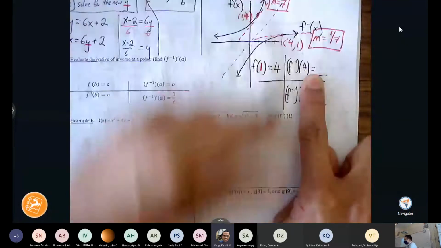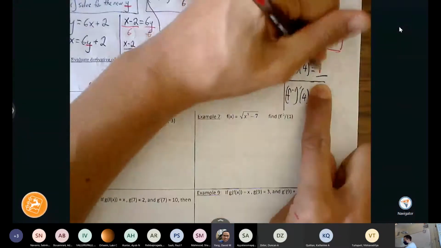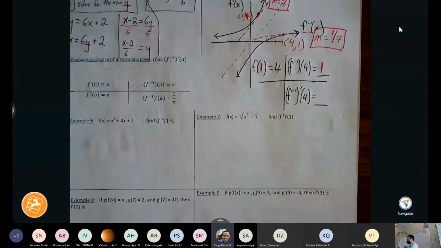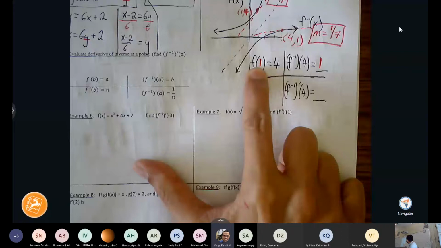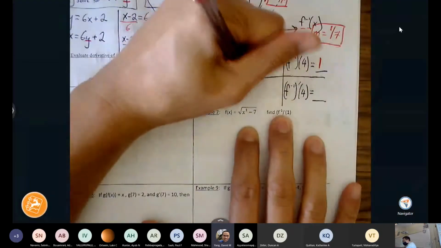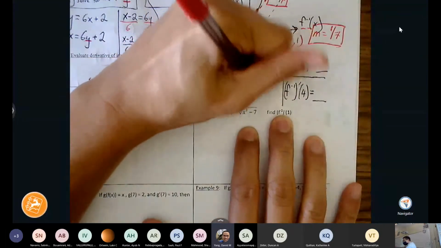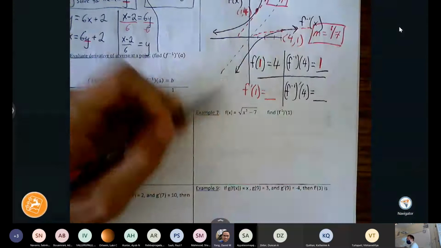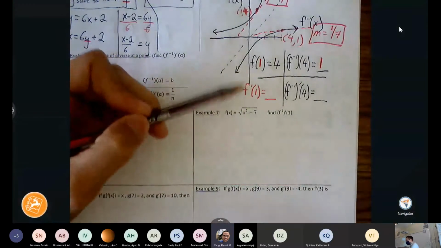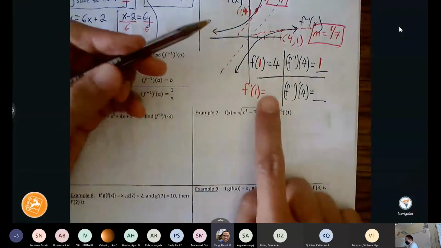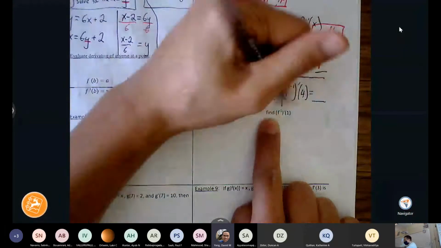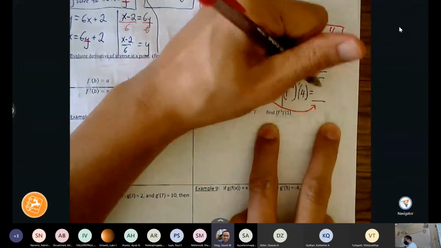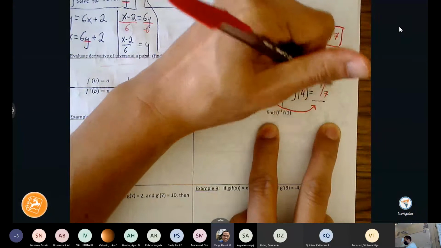I really don't need to fill this out, but I like to see that symmetry there: a function and inverse, I see the flipped ordered pairs. And then once I have this information, I'm going to work my way to figure out f prime of 1. A lot of times it's just the power rule, whatever the function is, we find the derivative, find the slope, figure out what the slope value is, and then we turn around and make our final conclusion, and that's our answer.